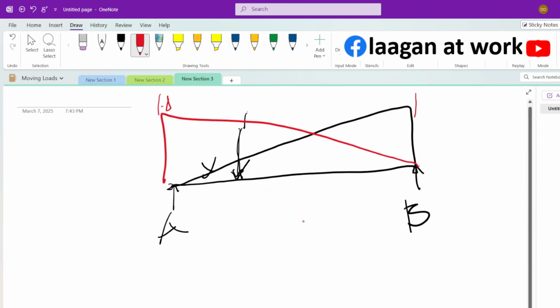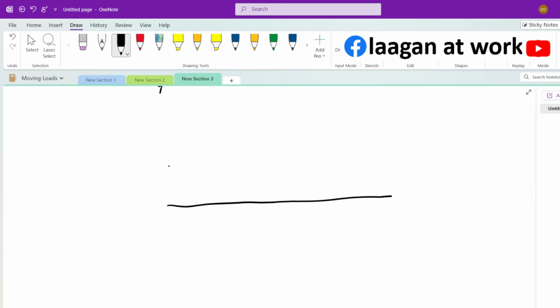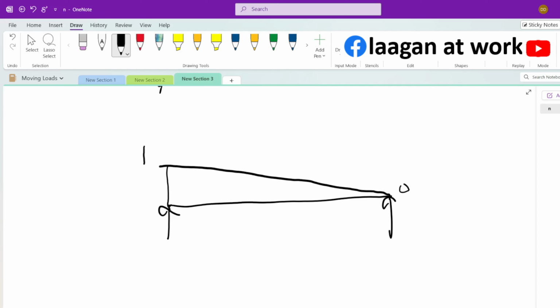Now, using the influence line, which is 1, so if this is your span, and this is your influence line, this is 1, and this is 0, your load basically is right here.